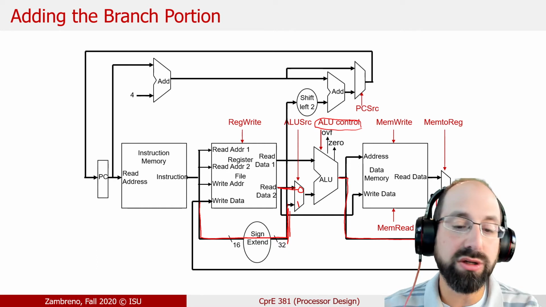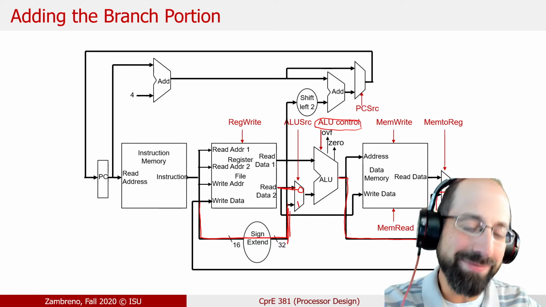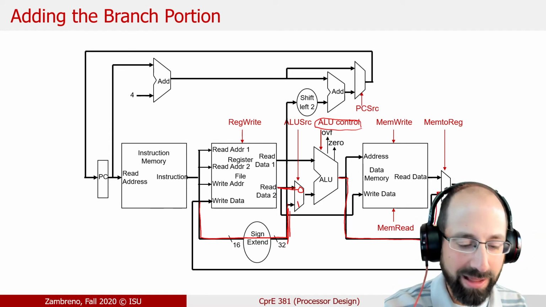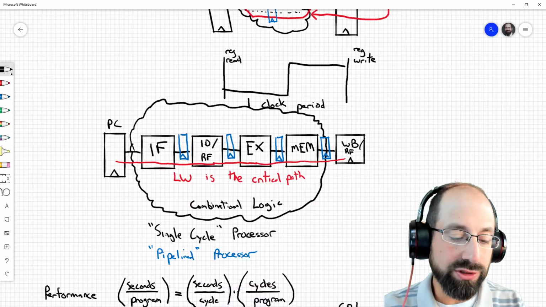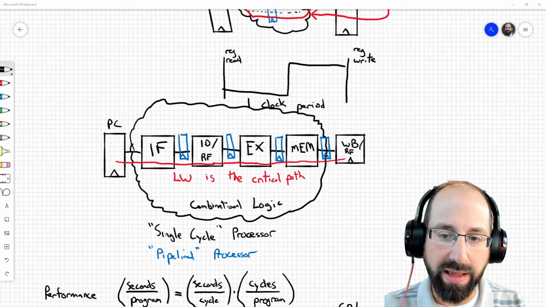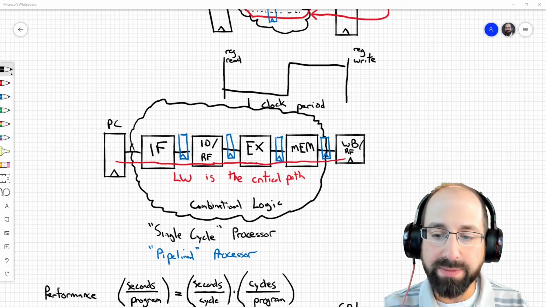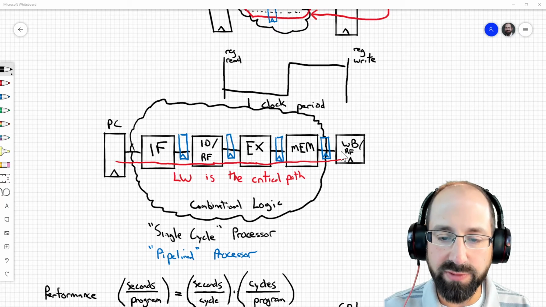We're basically circumventing it. It's still part of our critical path in our design because those wires are still there, and we still have to get from flip-flop to flip-flop by traversing those wires and those functional elements. But in terms of which instruction is exercising that critical path, it's not add, for instance. But load word then becomes the only one that actually has to use all 5 stages of this processor.